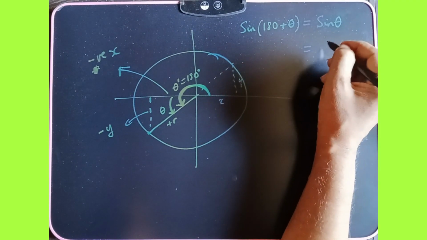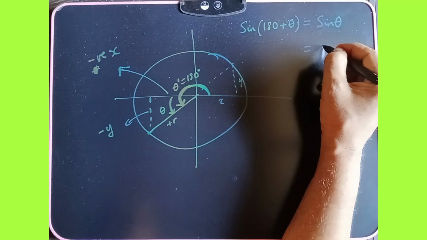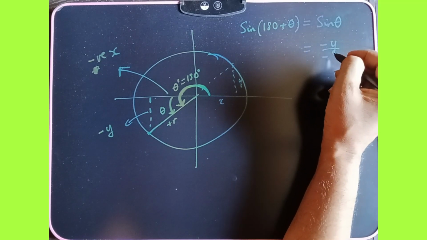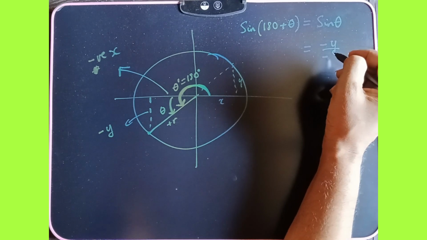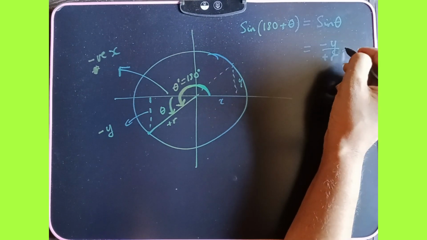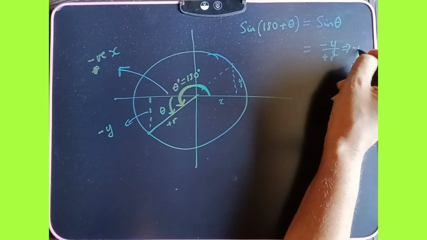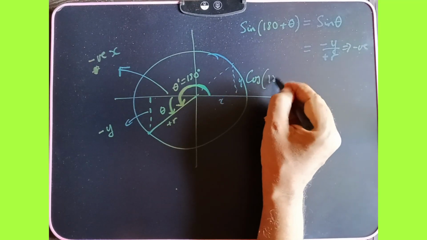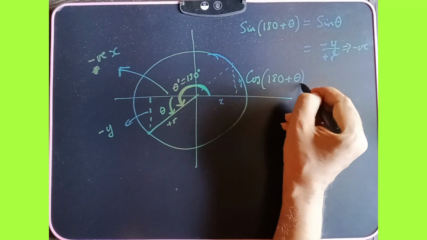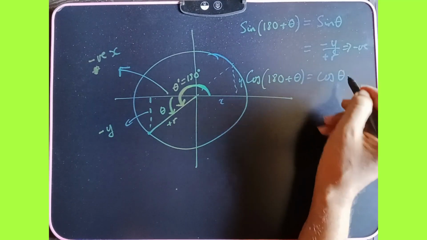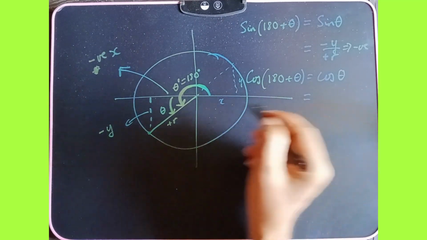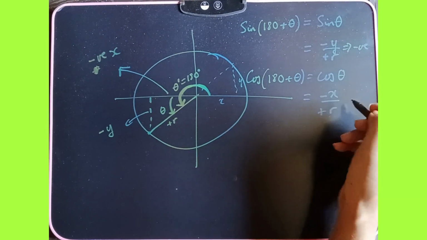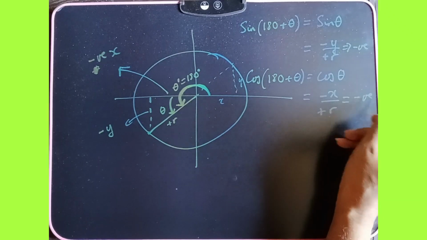So sine theta is minus y divided by plus r. So here we got it as negative, right? Now cos of 180 plus theta is cos of theta, and cos theta is minus x divided by plus r, which turns out to be negative.